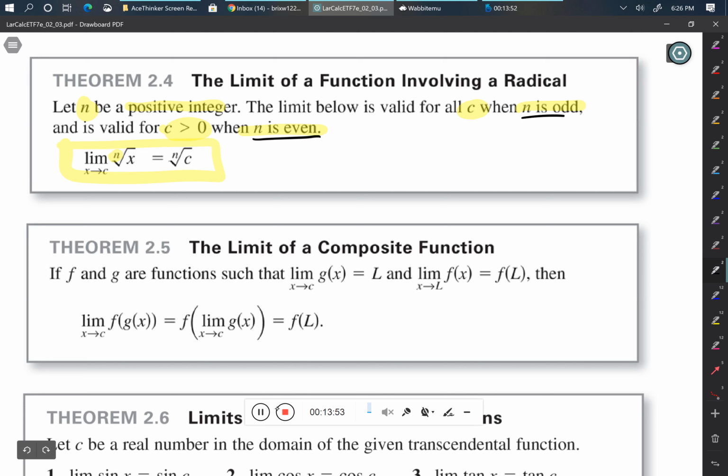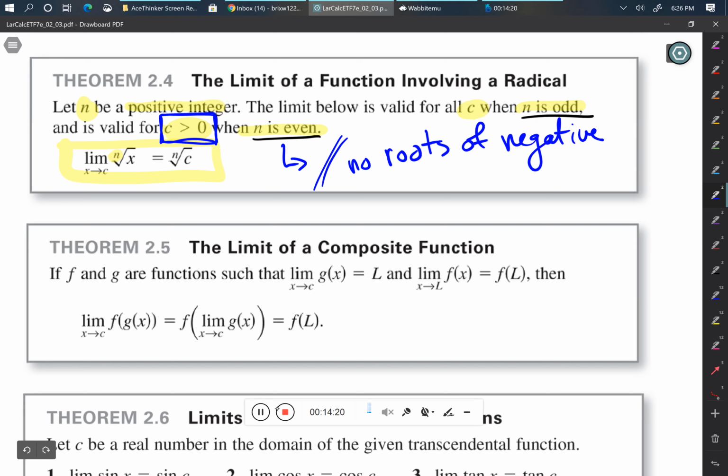Well, remember, you can't take an even root of a negative number. So c must be greater than 0 when n is an even number. Is that okay? Okay, so keep that in mind. This is about no even roots of negatives.